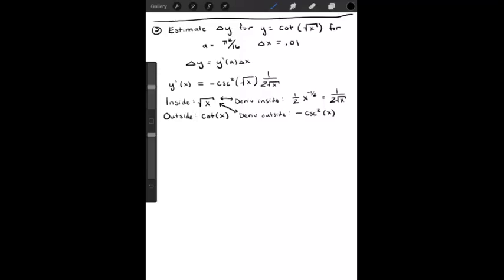So what's the next step to estimate delta y, to actually answer the question at hand? What do we need to do now? Right, so we need to plug a in, right? So we found the derivative, but in our formula, it's the derivative with a plugged in.